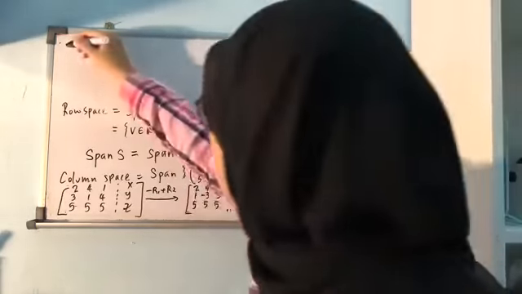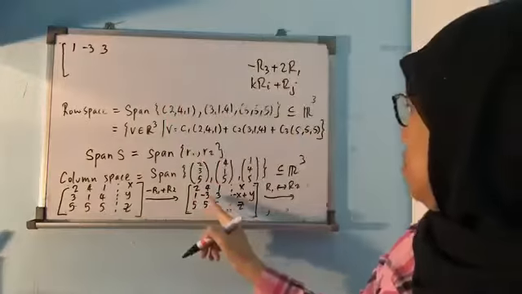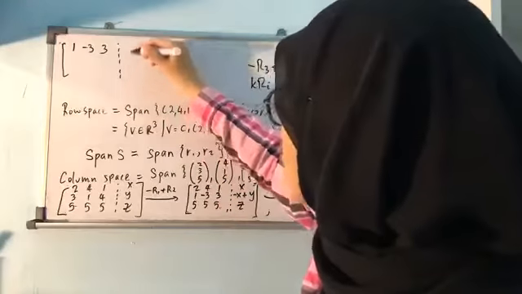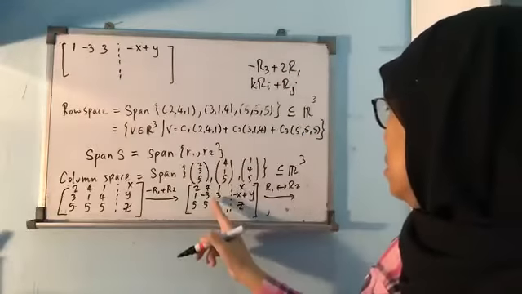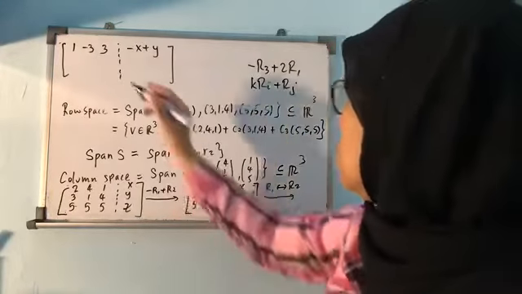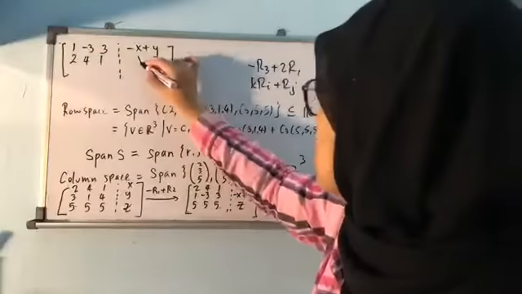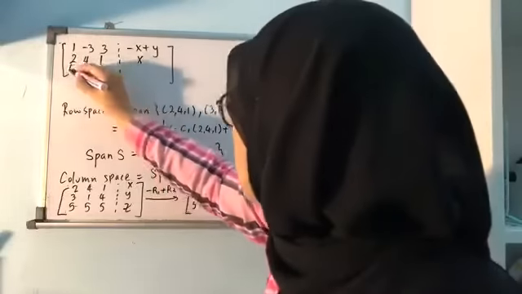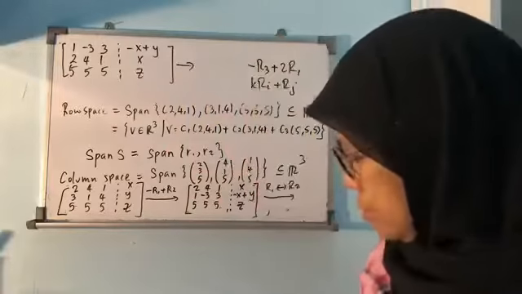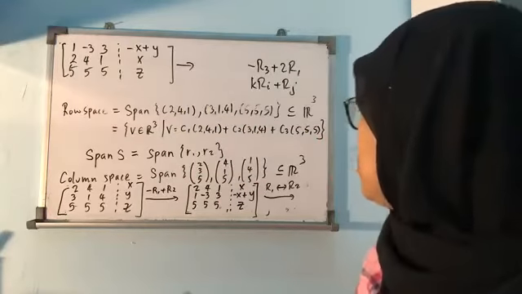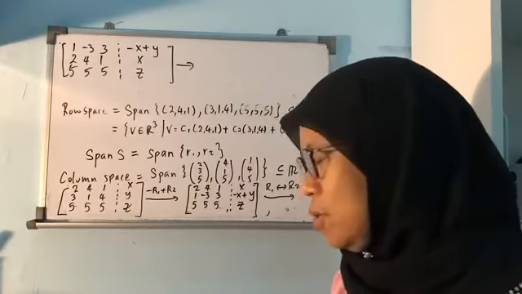So here we have 1, negative 3, 3, negative x plus y, 2, 4, 1, x, 5, 5, 5, z. Okay? You imagine before this, it's always easy to get 1.